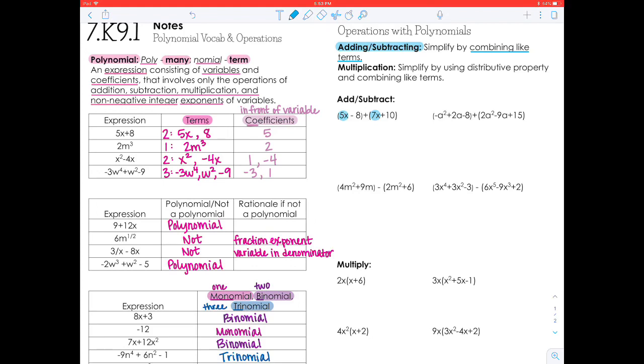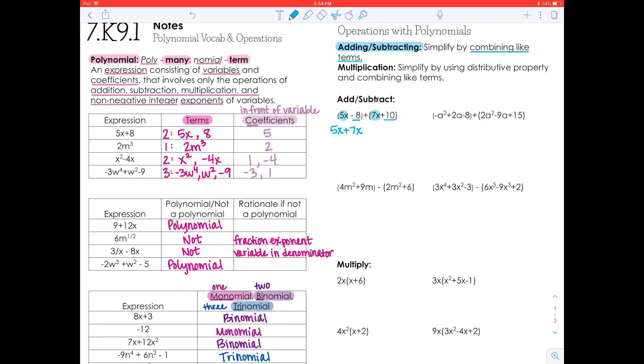And then the constants, the numbers that are just by itself. And we're going to combine them using the operations that it tells us to do. So we're going to take 5x, we're adding in the middle there 7x. So that's going to give me 12x. Here, we can rewrite it like this so you can see what we're adding together.